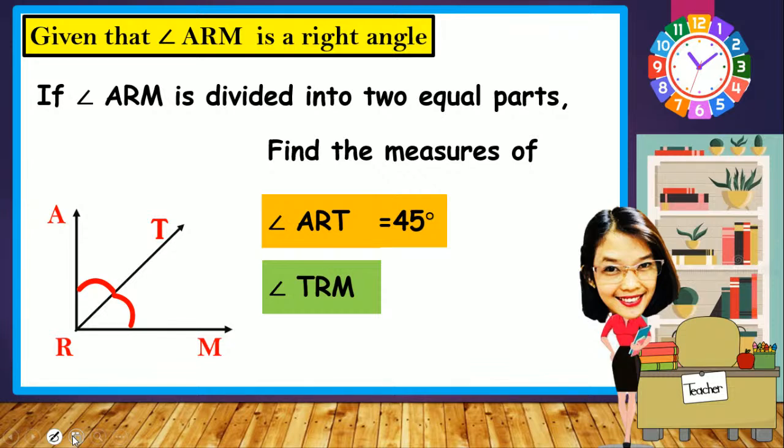So the measure of angle TRM is 45 degrees. Now, how did you get those measurements? Where did you get or how did you get 45? What did you do?